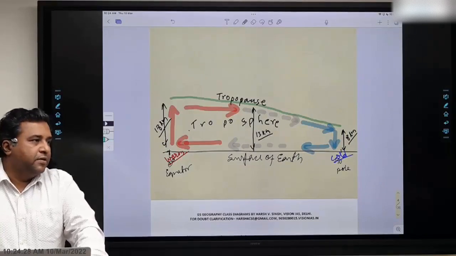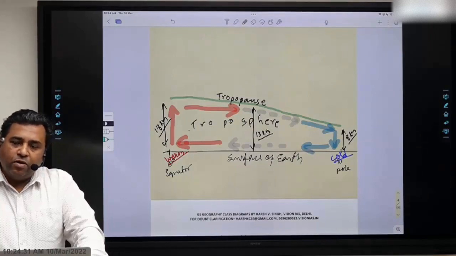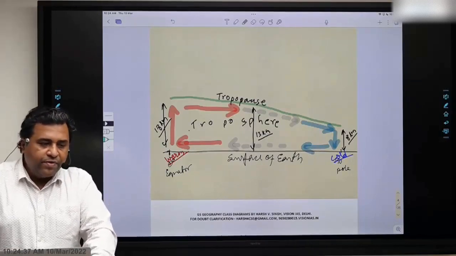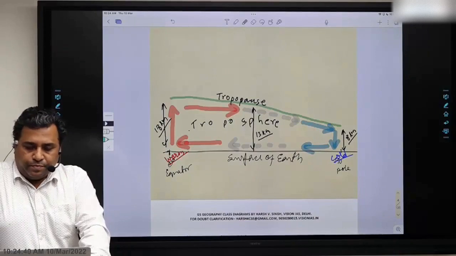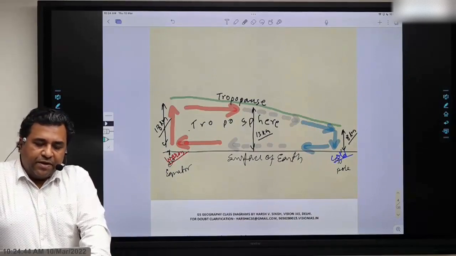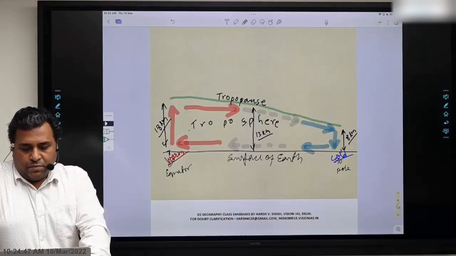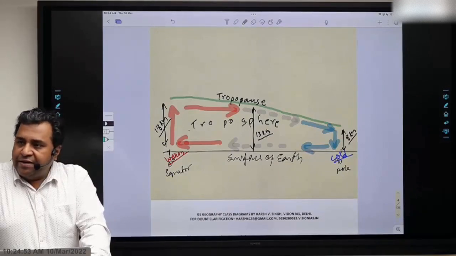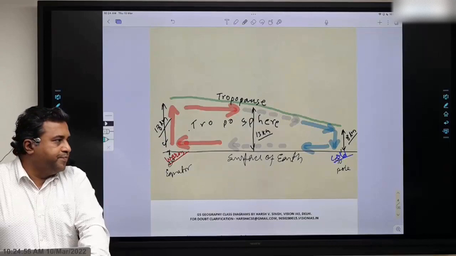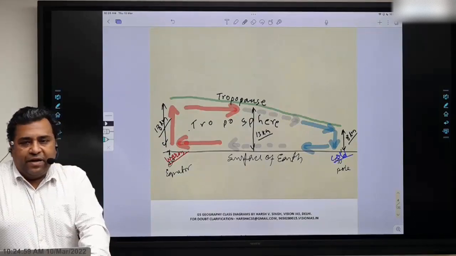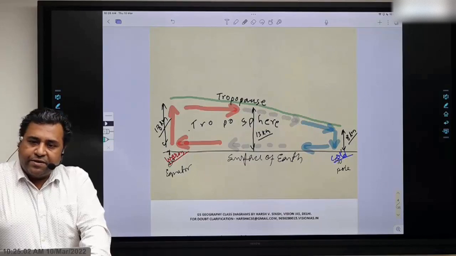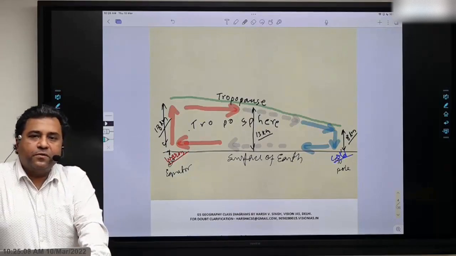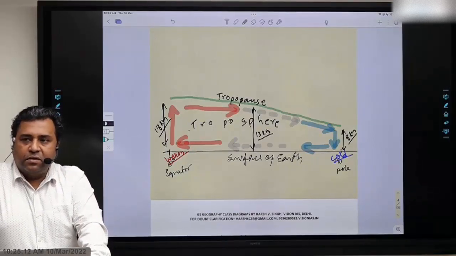Hence all the climatic and weather phenomena also take place here.